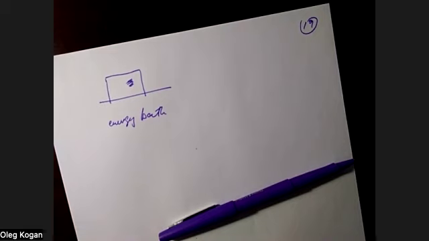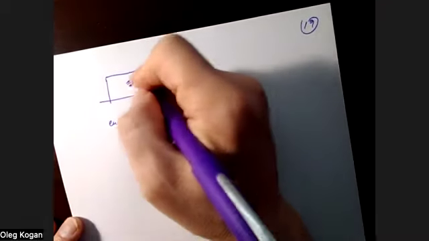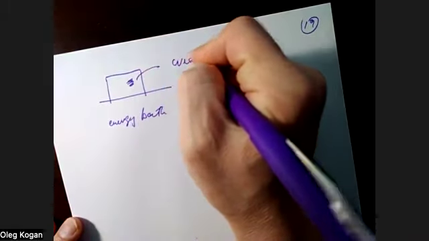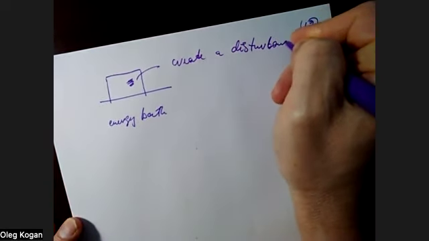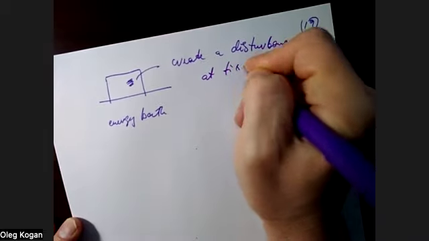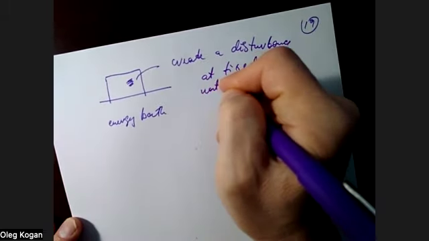So let's say we created such a disturbance while N, V, and the temperature are held fixed, right? So create a disturbance at fixed natural variables.